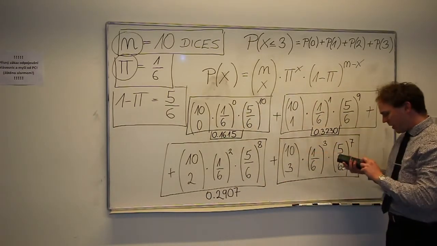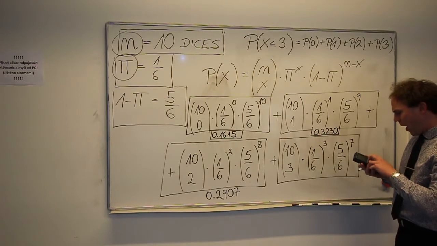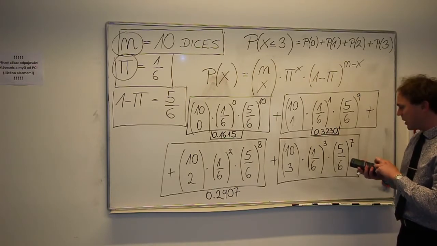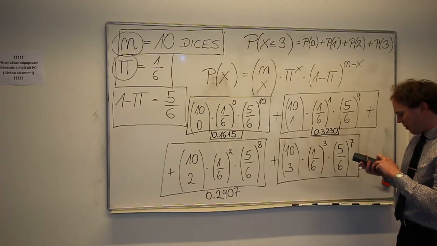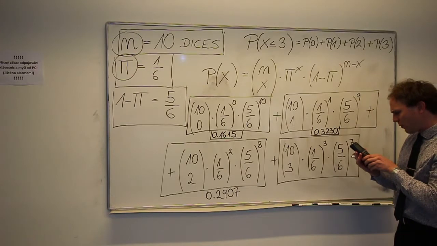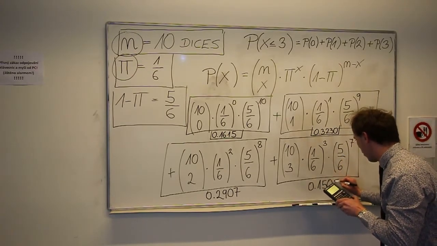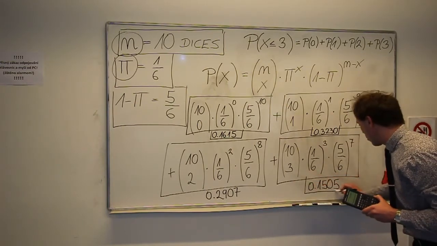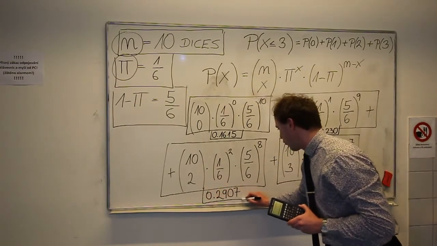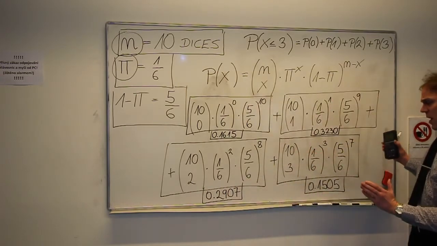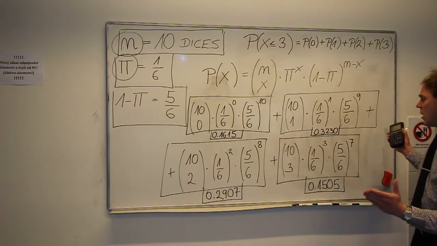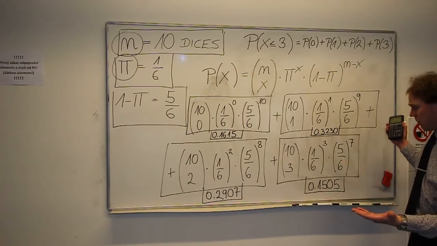And finally here, 10 above 3 times 1 divided by 6 powered by 3 times 5 divided by 6 powered by 7. 0.1505. Okay, so we have here 4 partial results, yes, and we will calculate the summation.